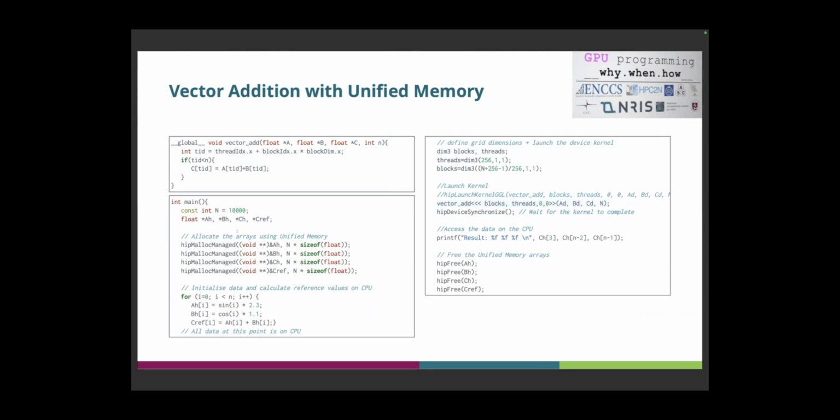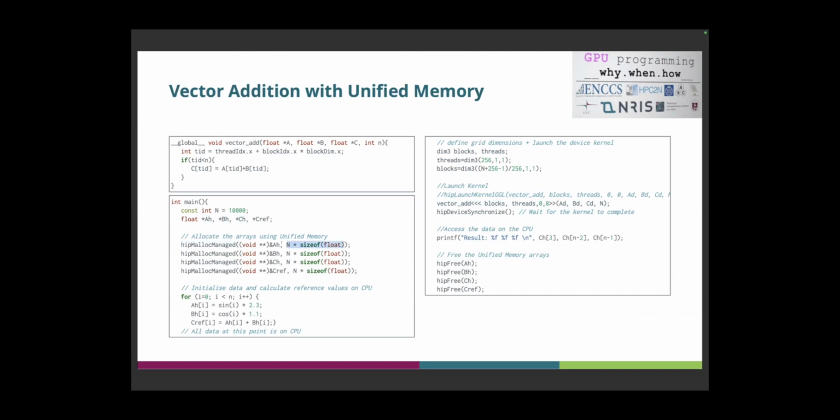But now in this version, when we use the so-called unified memory, we have only one set of these pointers, only one set of data. And we allocate this, instead of using the system malloc function or the GPU simple heap malloc, we use this so-called heap malloc managed, to allocate this.